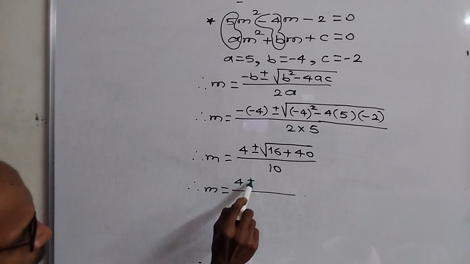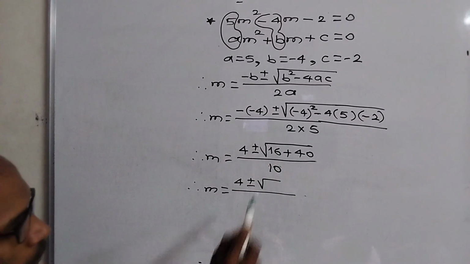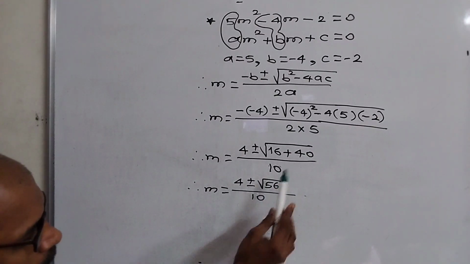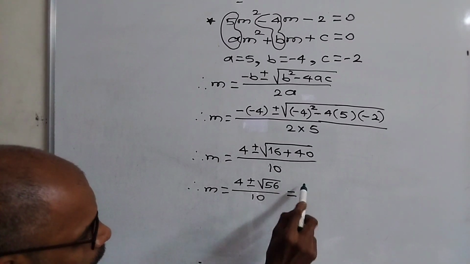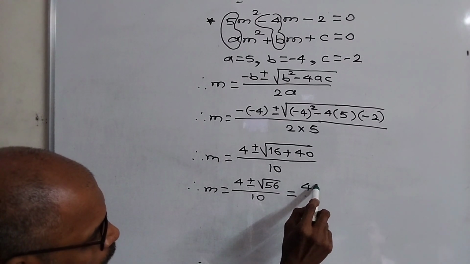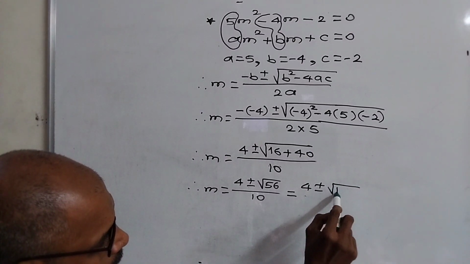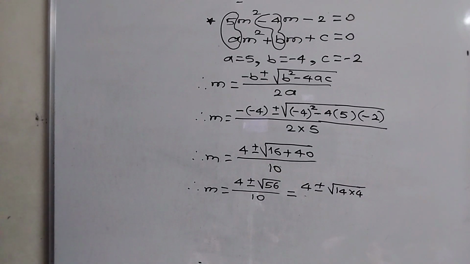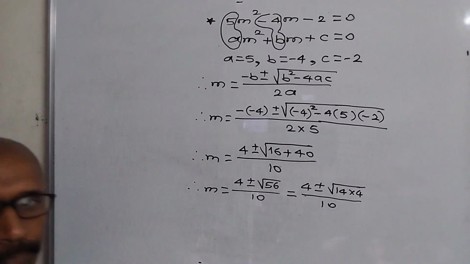Now m is equal to 4 plus minus square root of the addition 16 plus 40, 56, upon 10. Now here 4 plus minus, 14 into 4, upon 10.